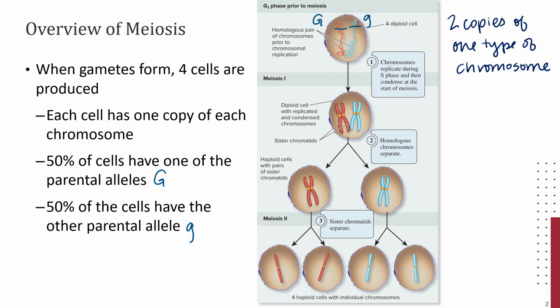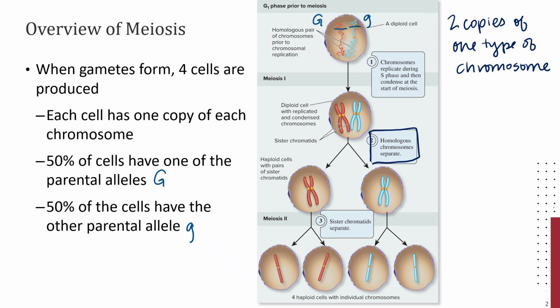In preparation for meiosis, those chromosomes replicate and then they are separated in 1 round of division. In your semester, if we haven't done meiosis yet, don't worry too much about this process. We're just trying to get to the end result. During the first round of cell division, we separate homologous chromosomes.